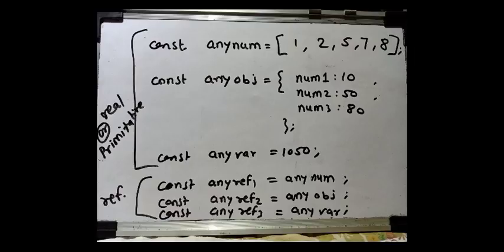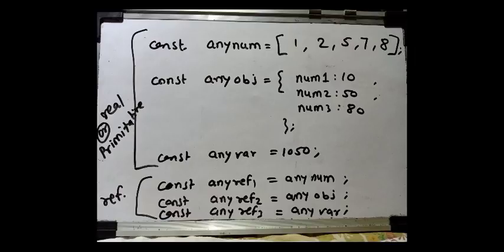In the case of these variables, they are called primitive variables because these are the actual values which are copied within these locations. Now reference means they don't contain any value, but they contain an address or a pointer, like const anyref1 equal to any_num. So all the values of any_num are not copied to anyref1.